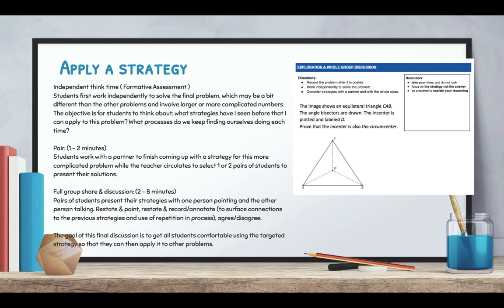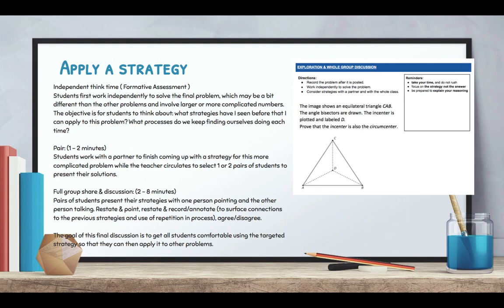And after that point, you're going to give about 2 to 8 minutes for this full group share out, and allow pairs of students to present their strategies, with one person pointing and the other person talking.